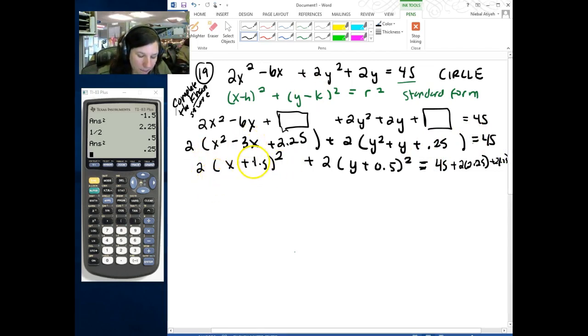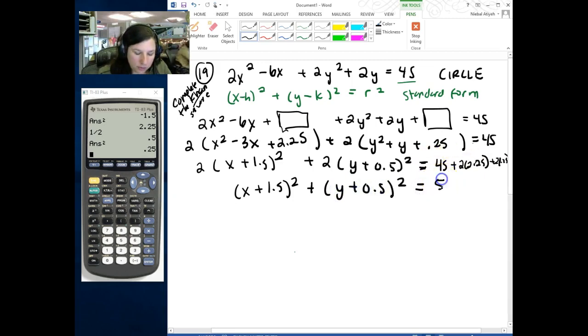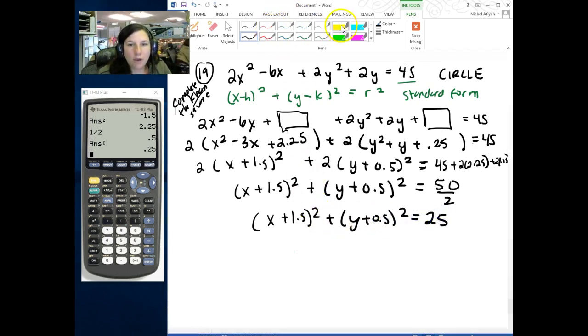And then that's going to simplify to x plus 1.5 squared plus y plus 0.5 squared. This is going to simplify to 50 over 2. Okay, and now I have accomplished my goal of putting it into this form.